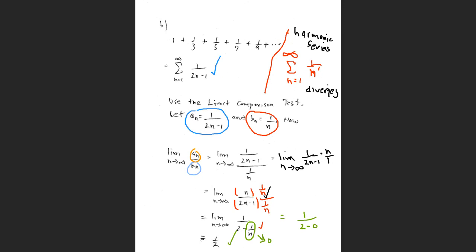So for when n is large, the terms of our series are going to behave like 1/2 times the terms of the harmonic series. I have that written on the next page, but let me give you a moment to see if you have any questions here.